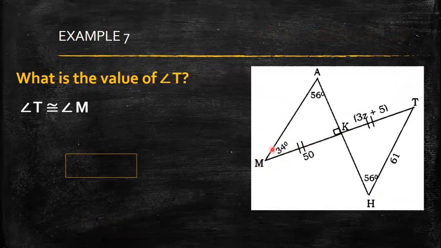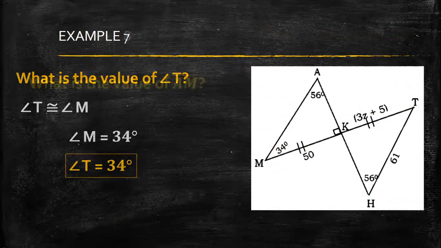Okay, bakit sila naging congruent? Because of the alternate interior angles. So, dahil ang measure or yung value ni angle M ay 34, then si angle T ay 34 din because they are congruent.